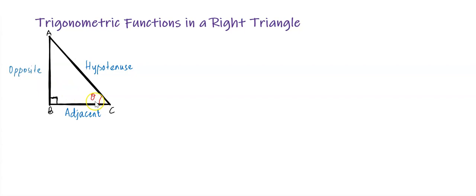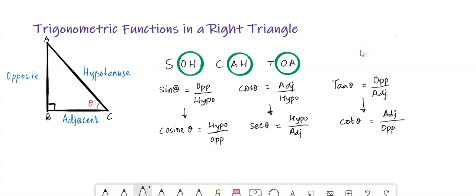The side opposite to the angle theta is AB, the side adjacent to the angle theta is BC, and the side AC is the hypotenuse. Now let's write all the 6 trigonometric functions for this right triangle ABC.